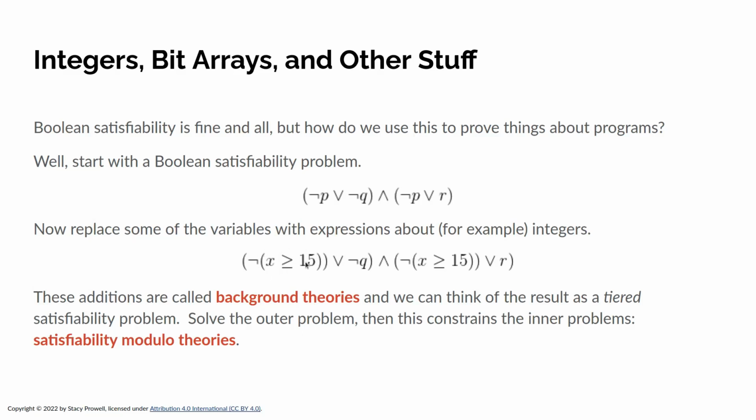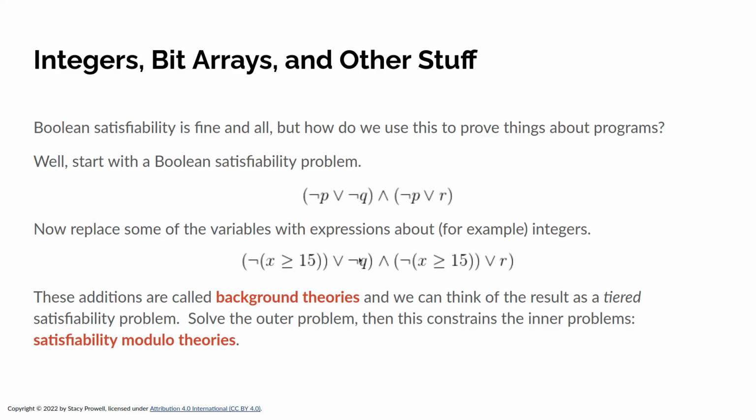We call that a background theory. In this case, it's some theory of integers, right? It's something that is strong enough to include this, which could be all the way up to full arithmetic, or it could be some limited forms of arithmetic. It just depends.